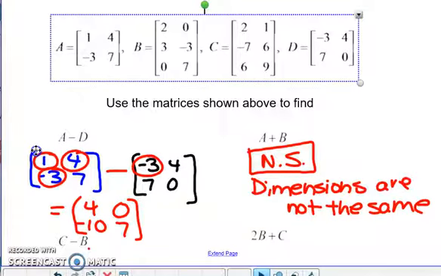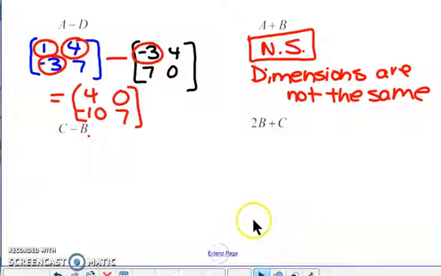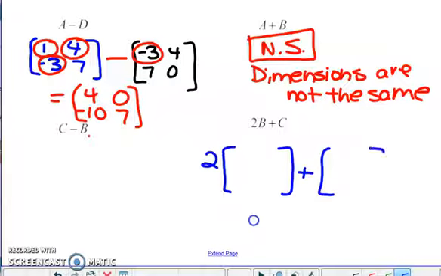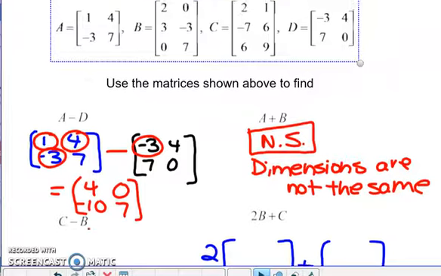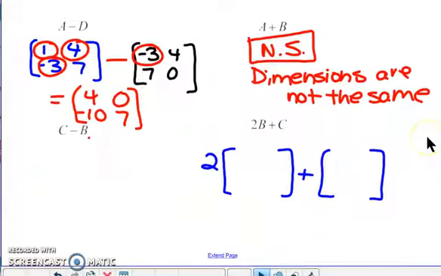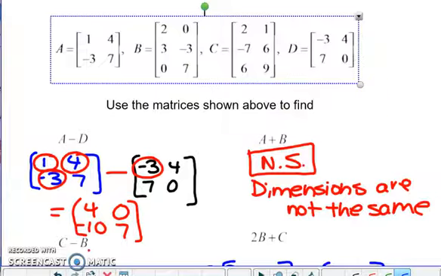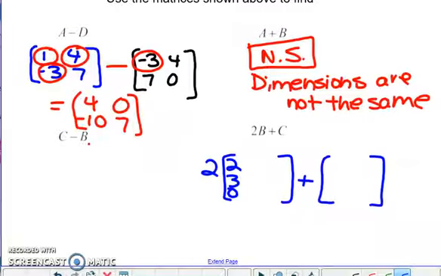I want to do this one with scalar multiplication. So if we have 2B plus C, I'm going to fill it in. So B is 2, 3, 0 and 0, negative 3, 7. I'm just going to do this part first.